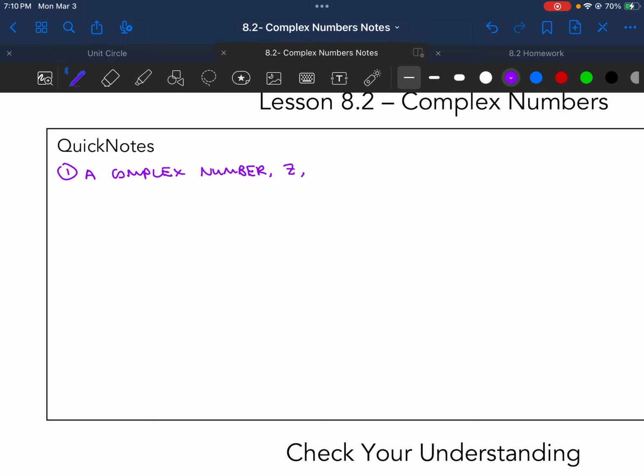A complex number z has a real and an imaginary component and can be graphed on the complex plane.